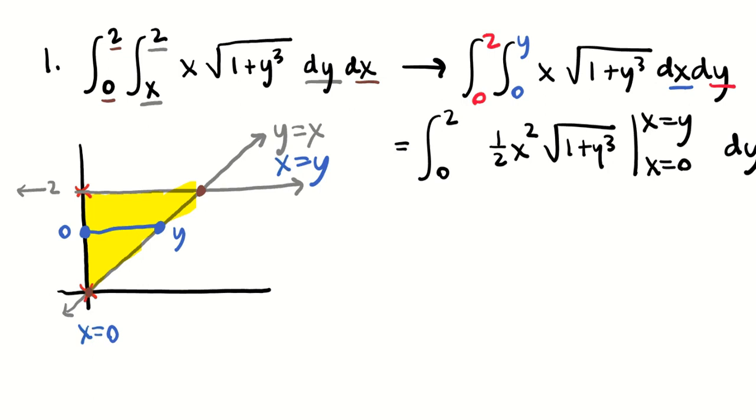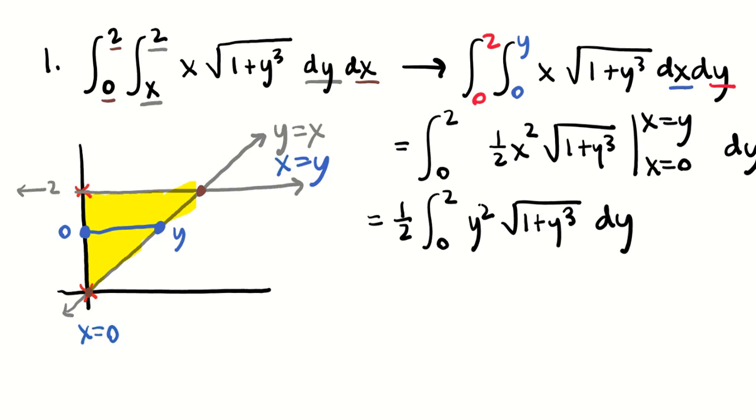When I plug in y, I'm going to get 1/2 y squared times the square root of 1 plus y to the 3rd. When I plug in x equals 0, I get all of that zeroed. So this equals the integral from 0 to 2 of, maybe I'll even factor out that 1/2, y squared times the square root of 1 plus y to the 3.